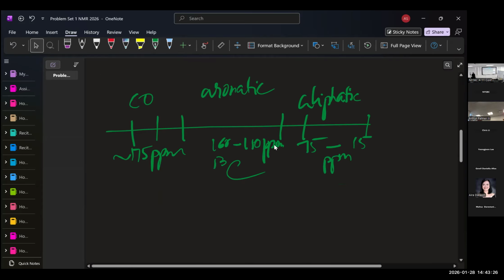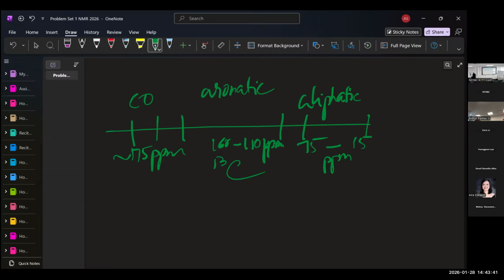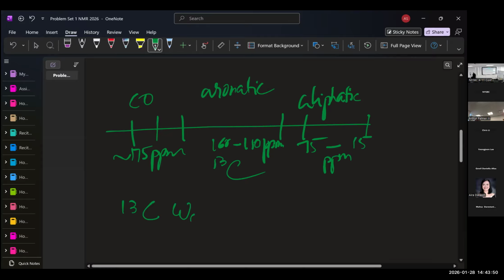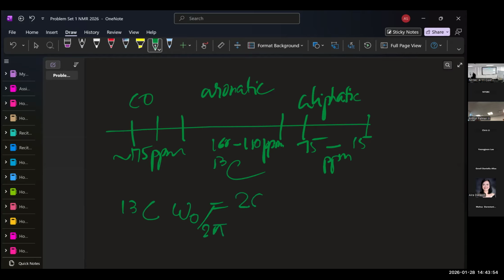On a typical ultra high field or even a high field magnet that we use for biological NMR, say you're on the 800 megahertz and the carbon Larmor frequency is around 200 megahertz. The ratio isn't exactly a fourth, but let's say for C13, omega naught is 2 pi times 200 megahertz.